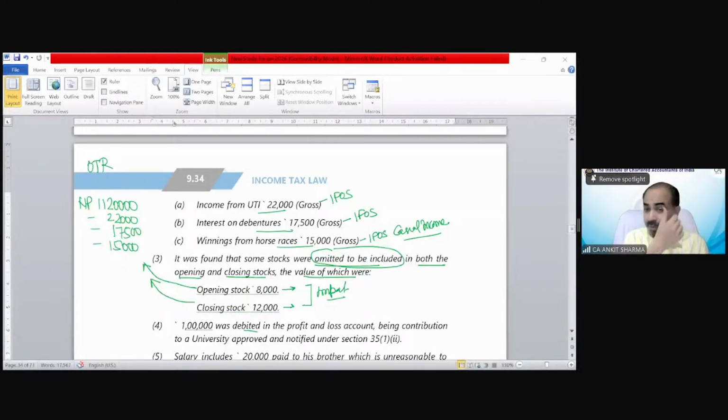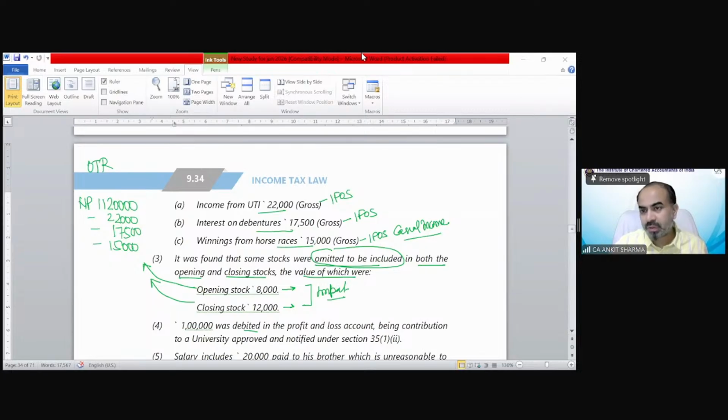Yash is saying 8,000 should be reduced and 12,000 should be added back. Okay. Ishan is saying opening decreases profit and closing increases. No, Ishan, I just wanted the treatment, whether it should be add back or reduce.